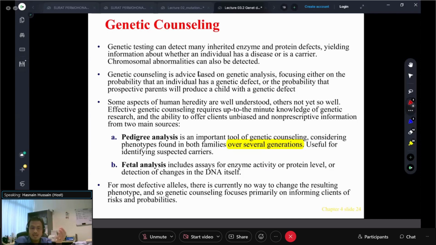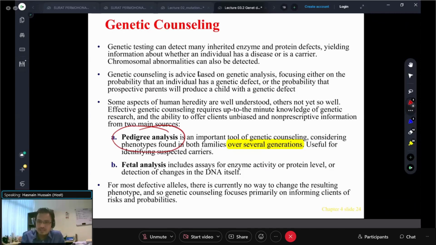For example, the baby isn't born yet, so you cannot test the baby. The baby is not full term yet, so you cannot do the analysis. So you can do genetic counseling by pedigree analysis, for example, seeing the family history.